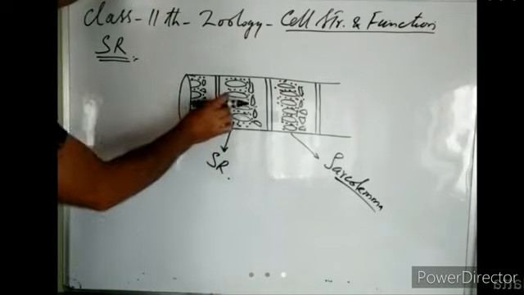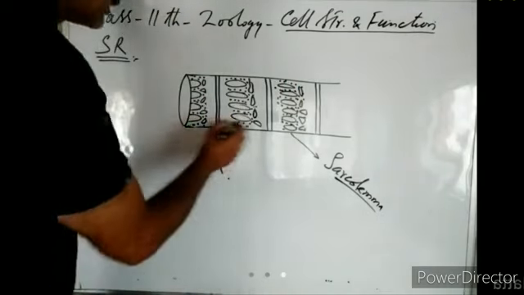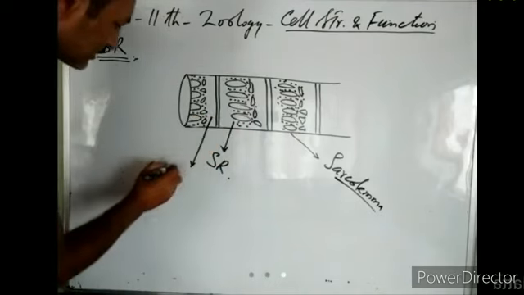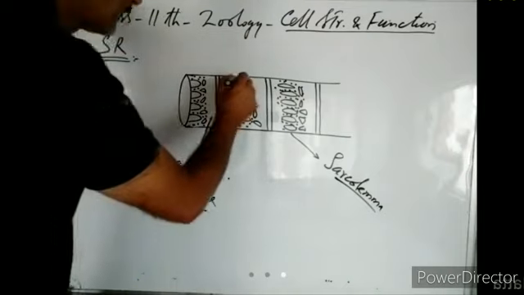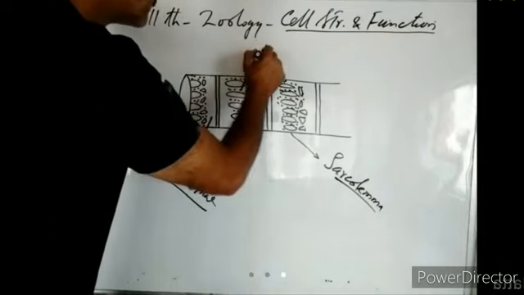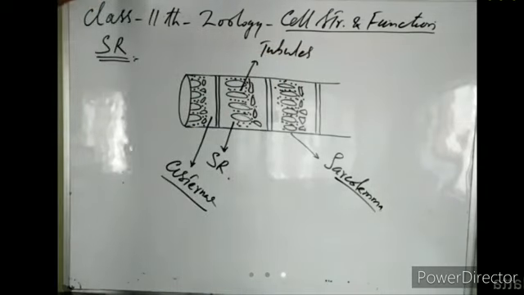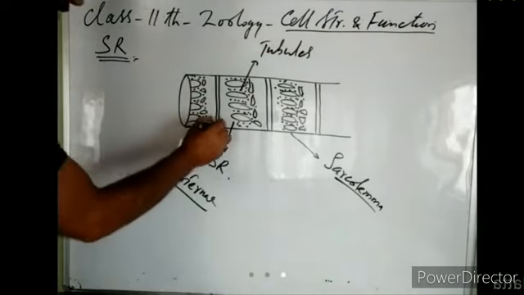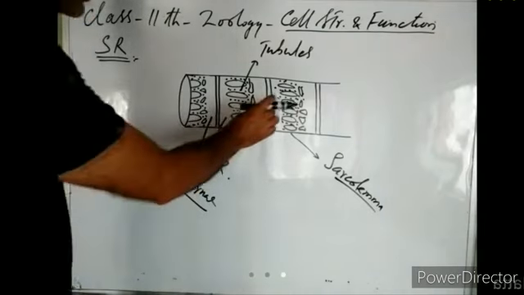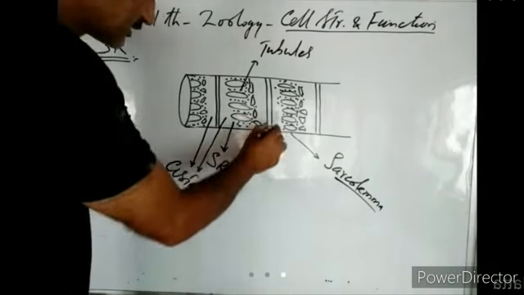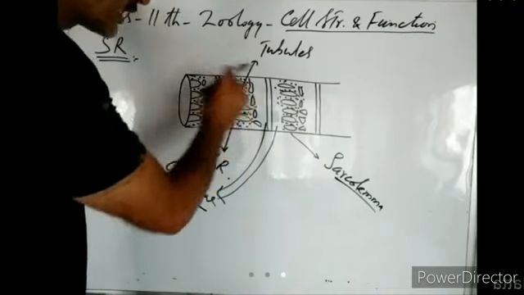In between these tubules, there are sac-like structures. These sac-like structures are cisternae. So the sarcoplasmic reticulum is in the form of alternating sac-like cisternae, and in between the cisternae there are tube-like structures known as tubules.